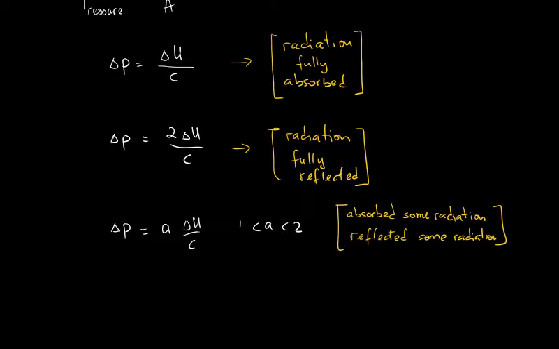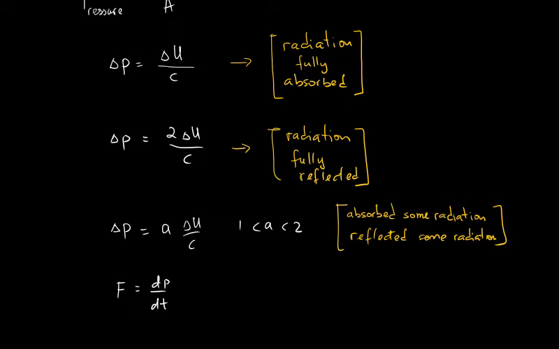Now, using Newton's second law, force equals dp/dt, we can calculate the force and the pressure exerted by the radiation on the object, where the force is given by dp/dt and p is the momentum.